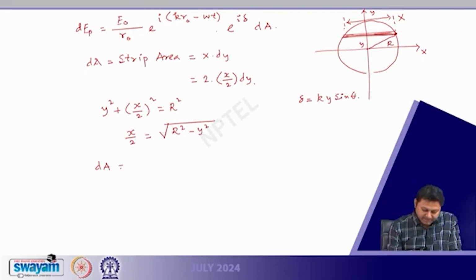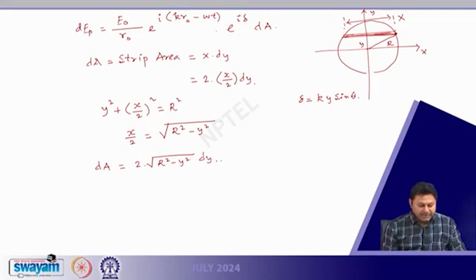So, the variable here is y, because k is constant and we are looking for a particular angle theta. So, dA is essentially 2 of x by 2, which is nothing but root over of r square minus y square and dy. That is the area we are having. Now, once we have the area in form of y and dy, then we are in a position to integrate.